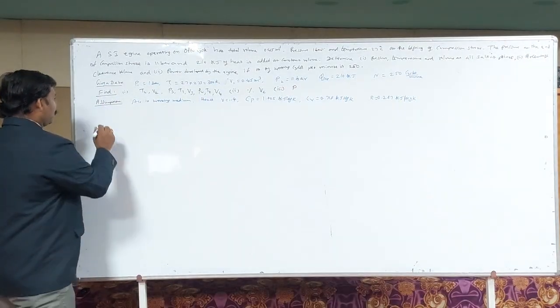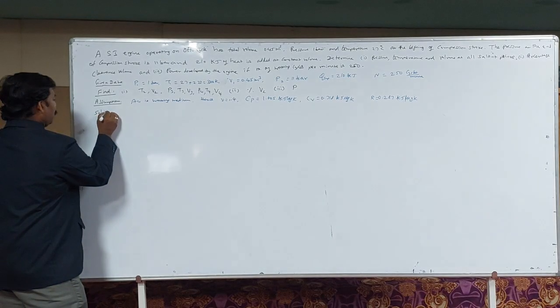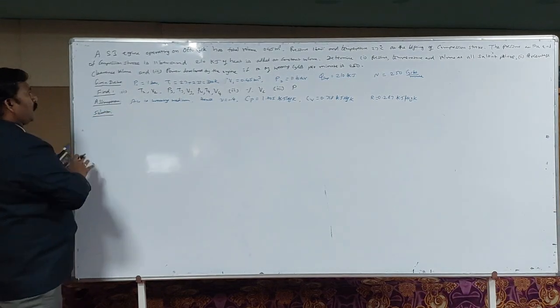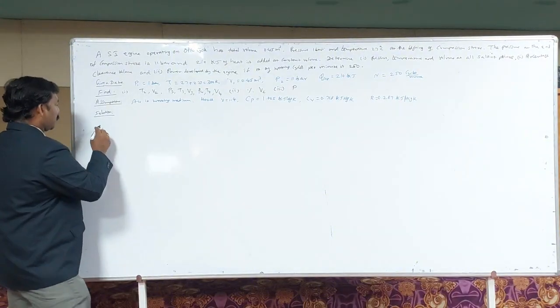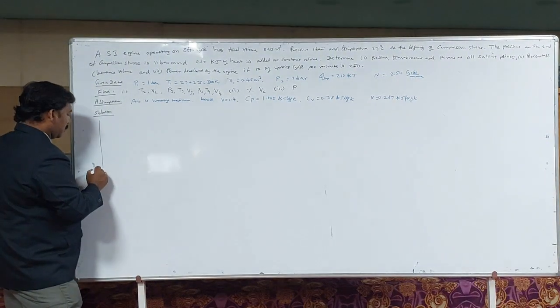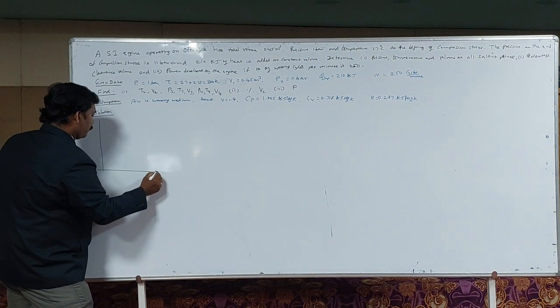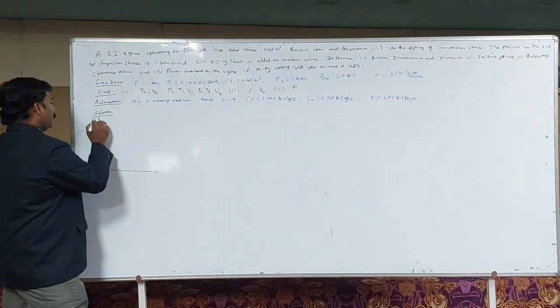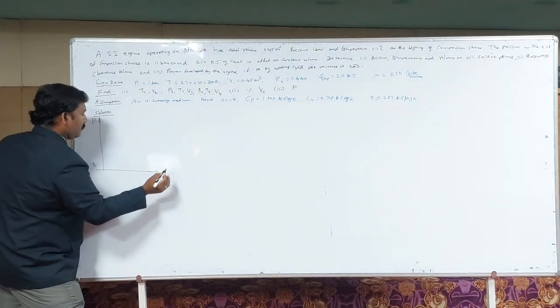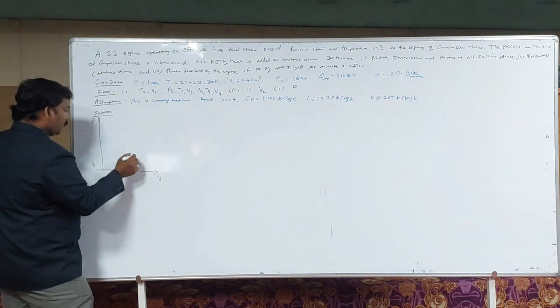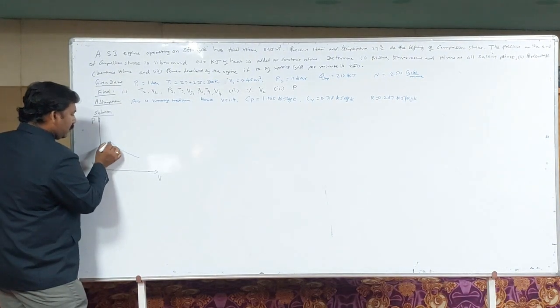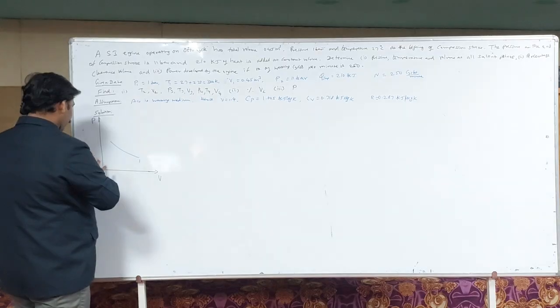So now we have to give a solution for the problem. Let us draw a PV diagram for this Otto cycle. So this is the PV diagram. In a PV diagram, the process 1 to 2 for Otto cycle is isentropic compression.